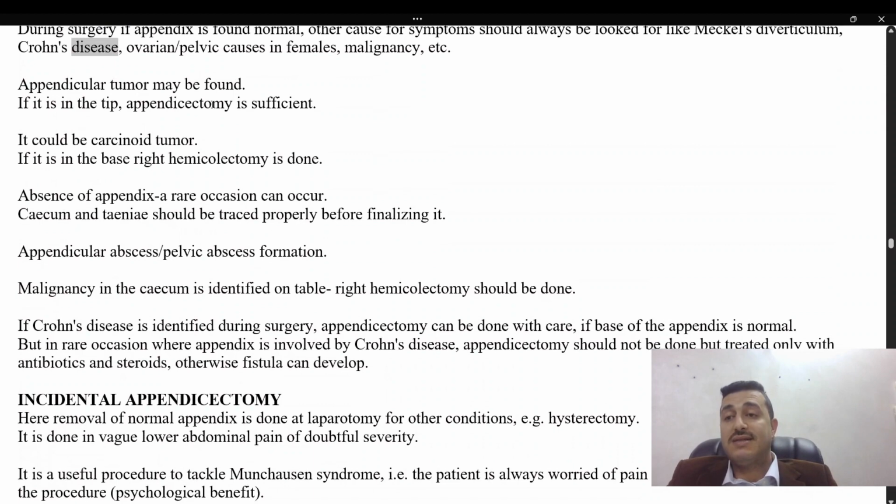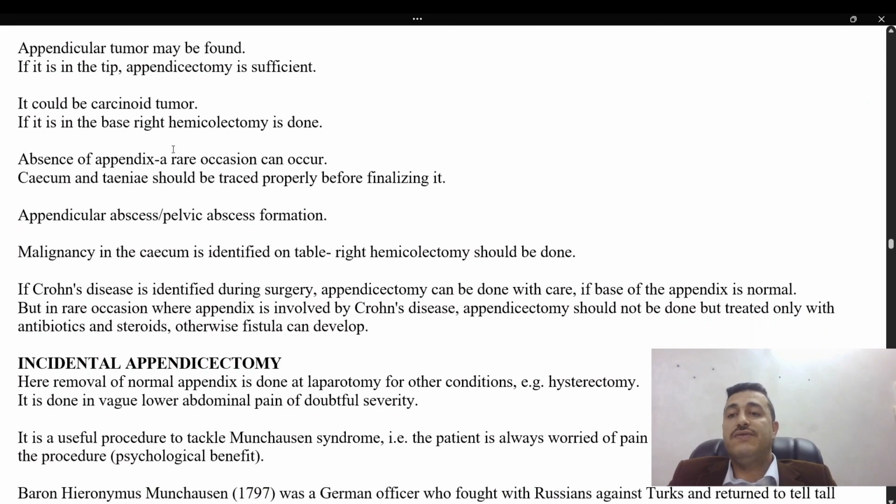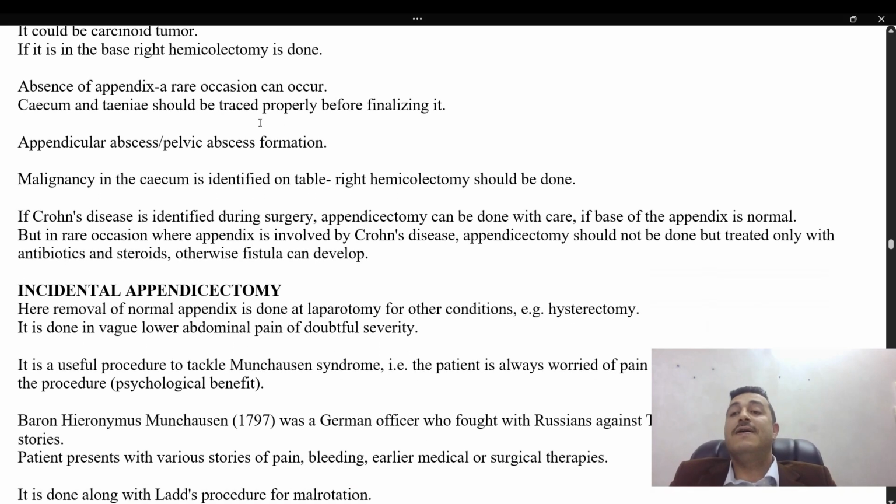Appendicular tumor, we will discuss later, but if it is in the tip, appendectomy is sufficient. Carcinoid, we will discuss in the next few minutes. If it is in the base, it could be a carcinoid tumor, and right hemicolectomy is done.